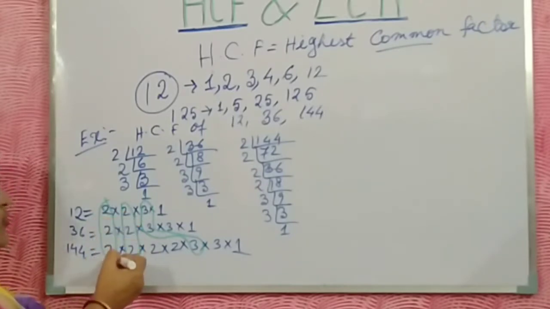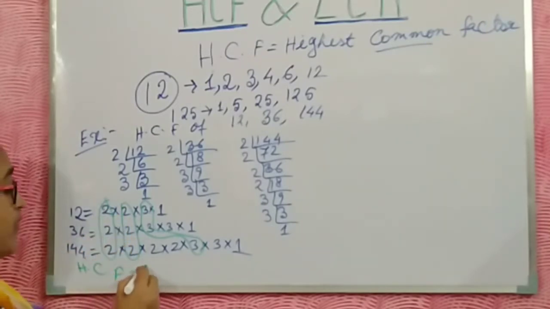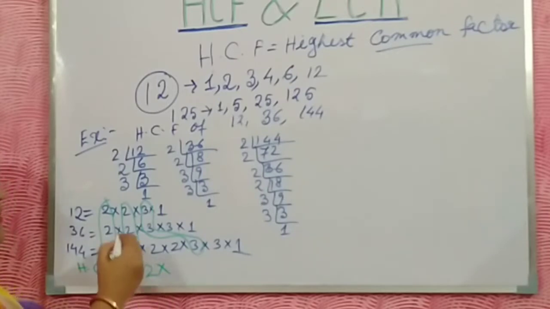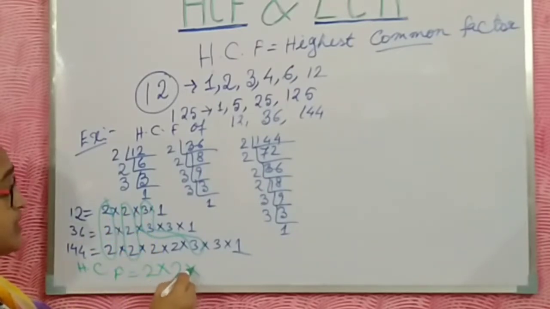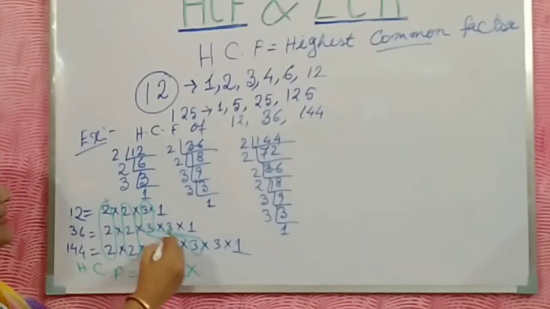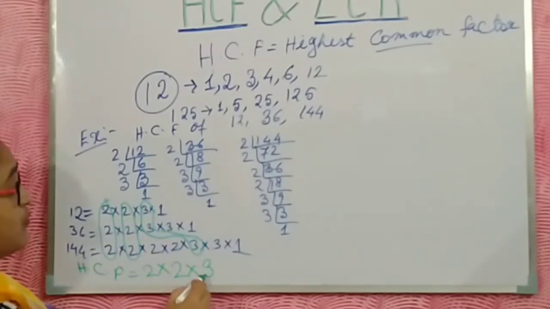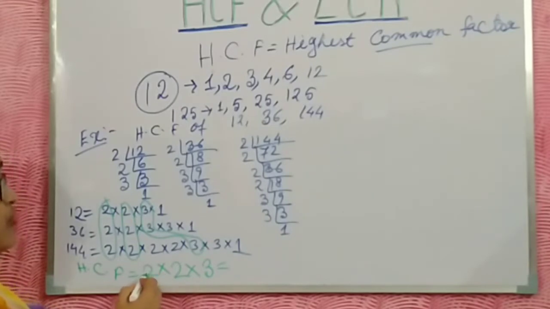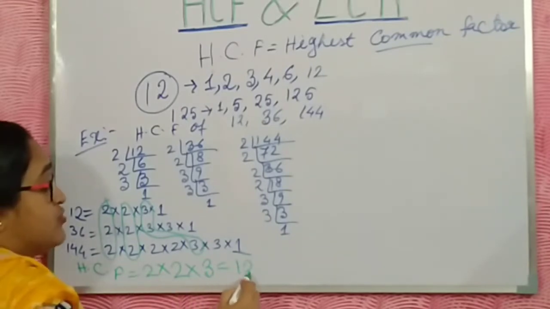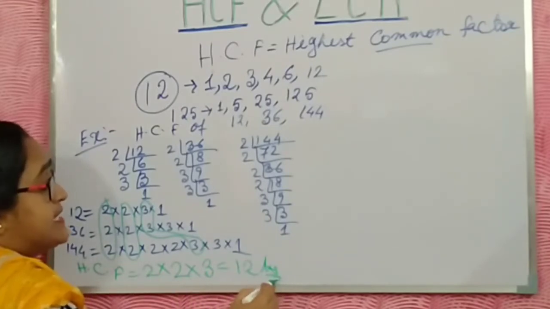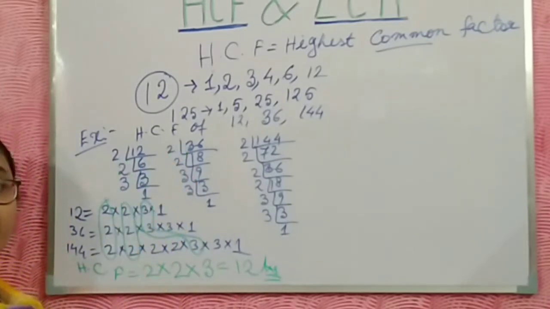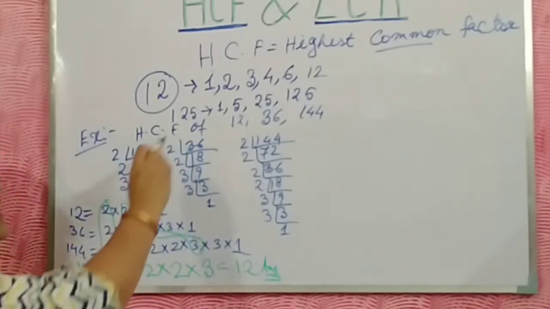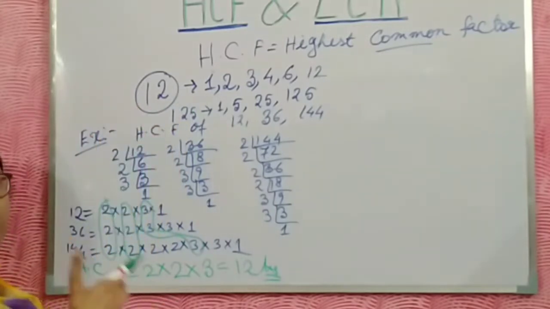From three 2s you take one 2, and from the 3s you take one 3. Then 2 2s are 4, 4 3s are 12. 12 is the HCF of the 3 numbers, because the HCF is the highest common factor.